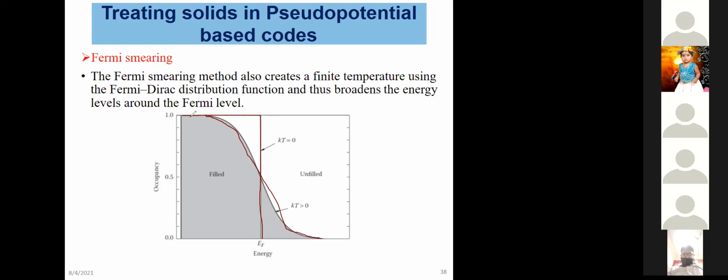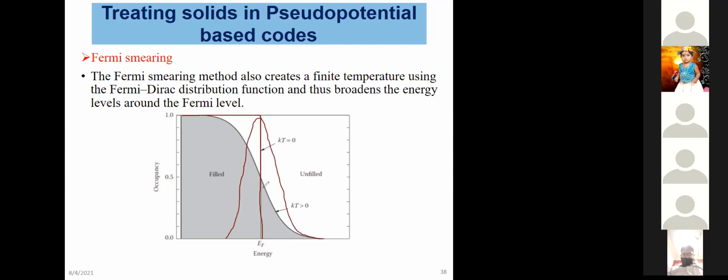So we do our computation with a small kind of smearing, either in the shape of Fermi-Dirac distribution, or we make a Gaussian kind of distribution around the Fermi level, and we do our computation for the metallic system, so that we can escape from the discontinuity, and we have a smooth variation of electronic occupation or electronic density at the Fermi level.